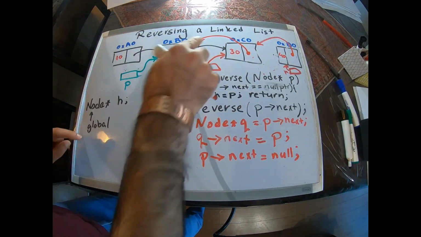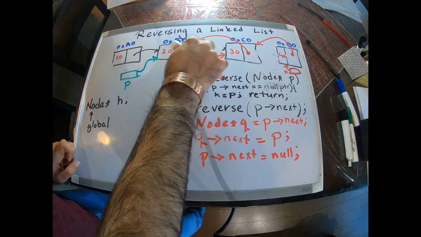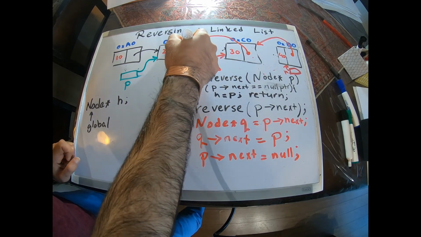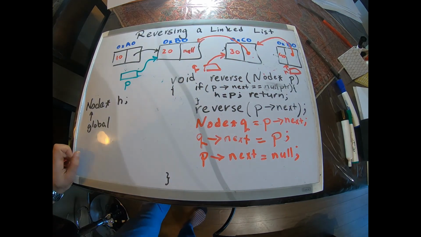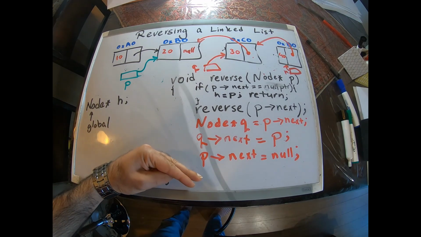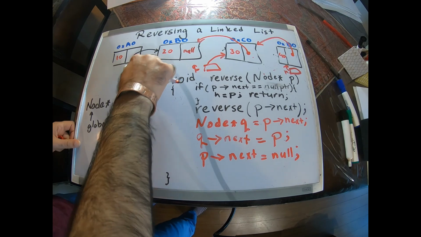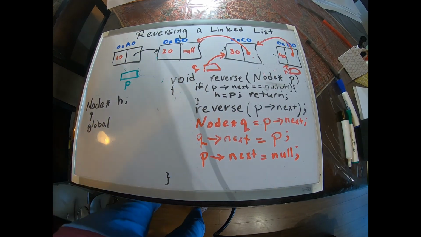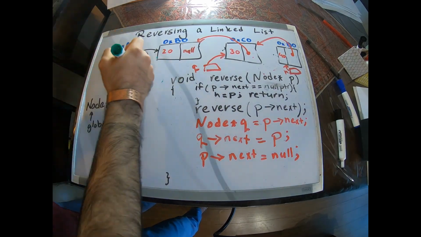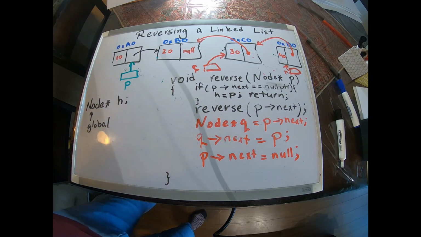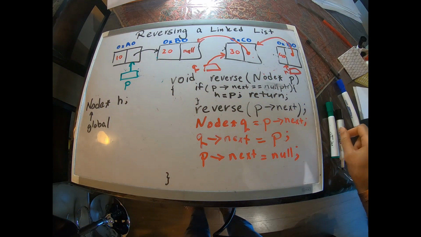And P arrow next becomes null. We got to the end of the function. We can return. We're going to return to the function call where P was pointing to this node, which happened to be the head of the linked list.